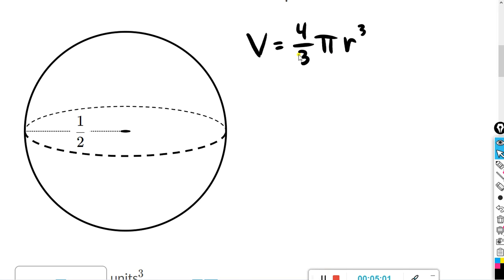So we have our formula, 4/3 times pi times r cubed. R is the radius. It starts at the center, and it goes to the edge of the circle. Okay, so r equals 1/2. So we have 4/3 times pi, and that's times r cubed, so that's 1/2 cubed.